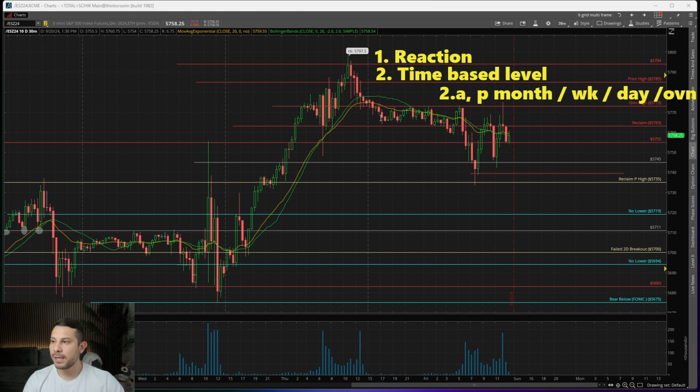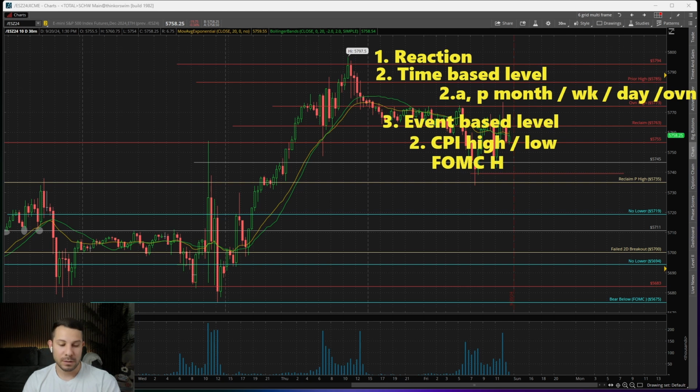Time-based level. The last one, which I love to add if I can get that level added to it, the confluence, is event-based level, right? Is this, just as an example, a CPI high or low, is this an FOMC high or low, right?